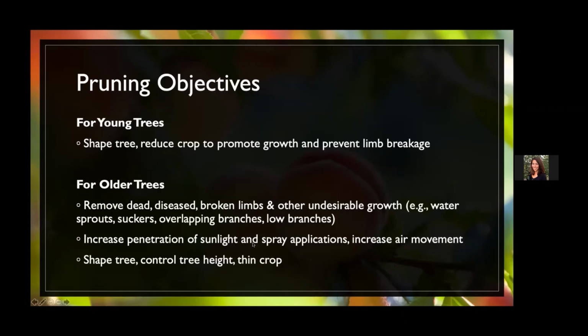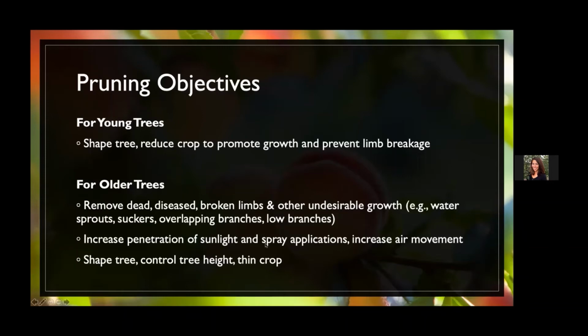We're also looking to increase penetration of sunlight and spray applications, as well as increase air movement. Increasing air movement here is really important. So when we prune, we can increase the airflow into the trees, help those fruits and leaves dry out sooner, which is our first step in a good disease management program.